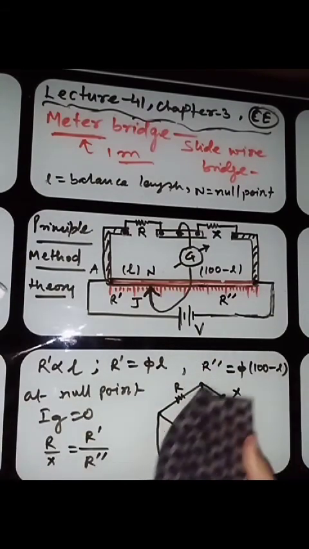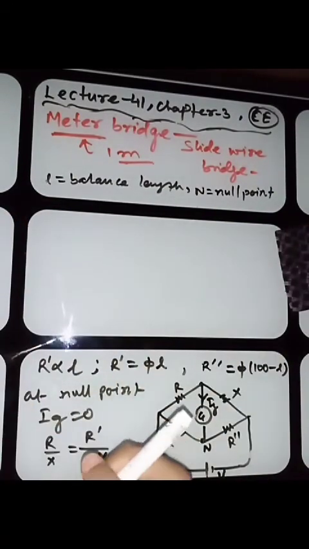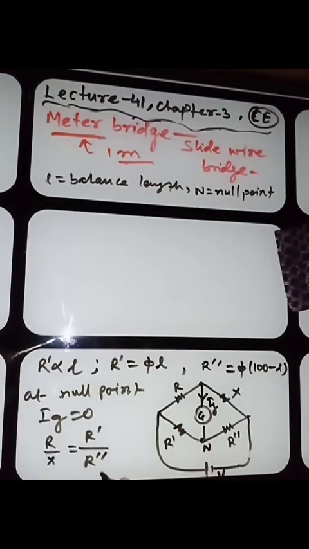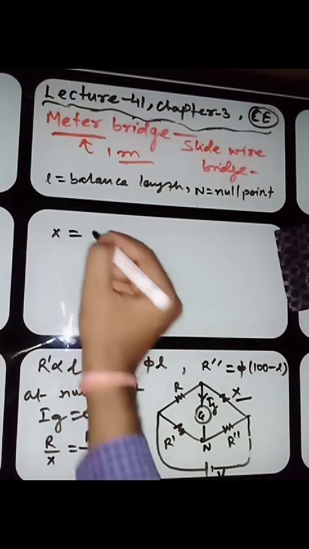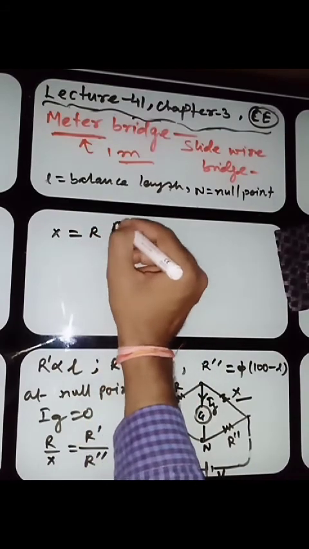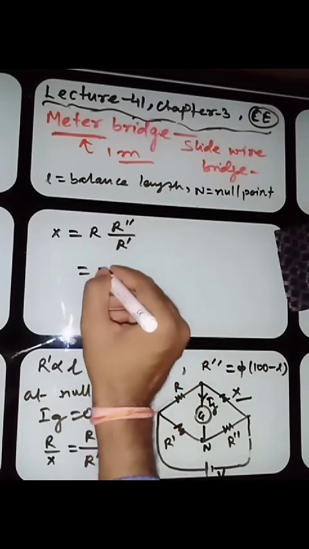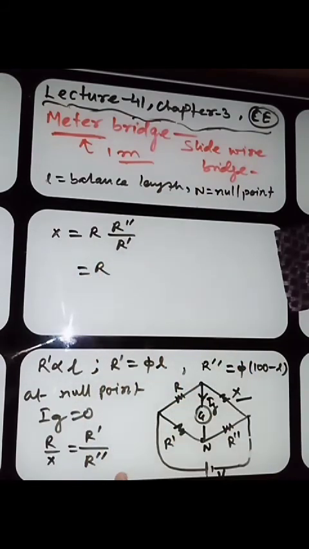So you can write the unknown resistance as X. So X is equal to R times R double dash divided by R dash. And R double dash was how much?